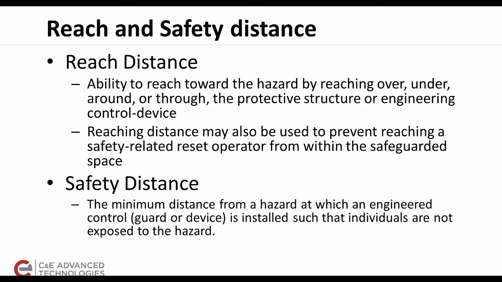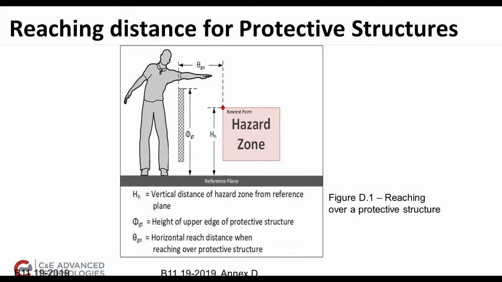Safety distance is just a generic term that talks about how far away from a hazard does an engineering control device, such as a guarded device, have to be installed so that the individual cannot be exposed to the hazard. Here's an example of some data: the height of the guard fence, the distance horizontally, and the height of the hazard zone.